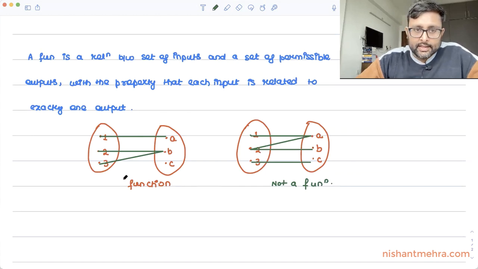So the relation F has a property that each element of set A is mapped with only one element of set B. That's it.